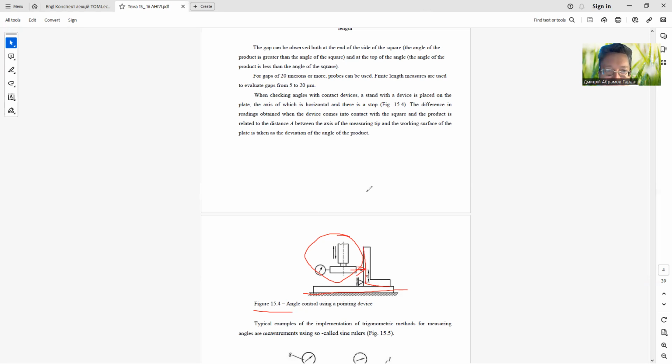The difference in the readings obtained when the device comes into contact with the square and the product, related to the distance A between the axis of the measuring tip and the working surface of the plate, is taken as the deviation of the angle of the product.